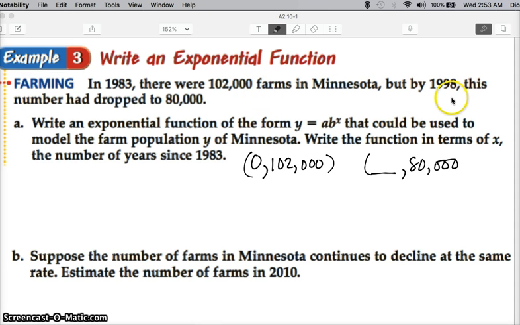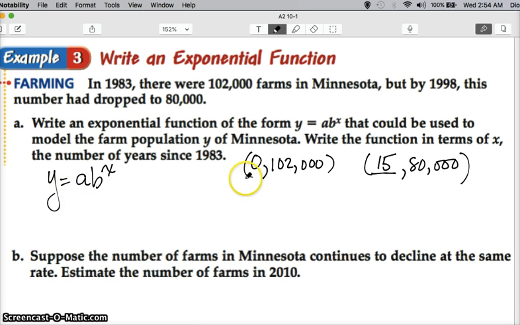But a few years later, and the question is how many years later? Looks like 15 years later, this number dropped to 80,000. So we would be putting a 15 here to reference that next bit of information. So in 1998, the number was 80,000. Now we're going to use these 2 points to come up with an equation that is specific to this situation.